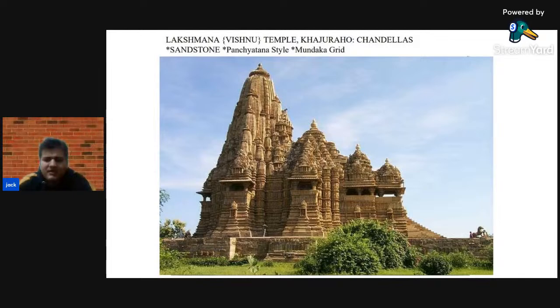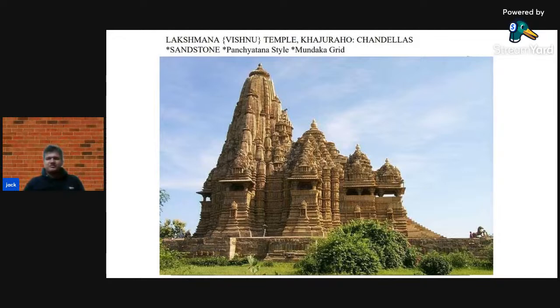then he will see a structure. This is known as the mandap, the Ardha mandap. And then if someone moves in, there is a bigger mandap called the Maha mandap. These are the mandaps which were made for various activities like Rang mandap, Nritya mandap, Vivah mandap.